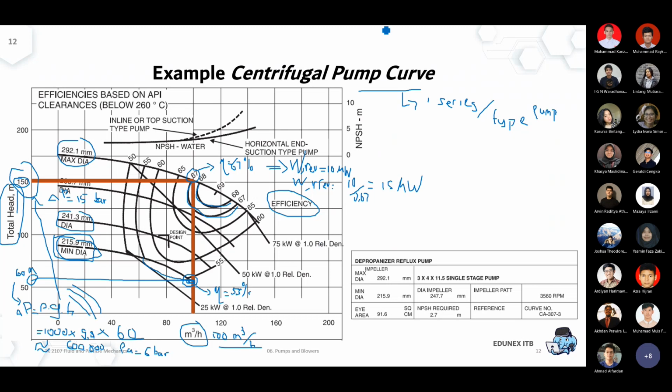Later, again, I will emphasize it in a later slide. But using the same pump curve, I get another piece of information about the NPSH. This is the point to prevent cavitation, to prevent any damage to your pump.